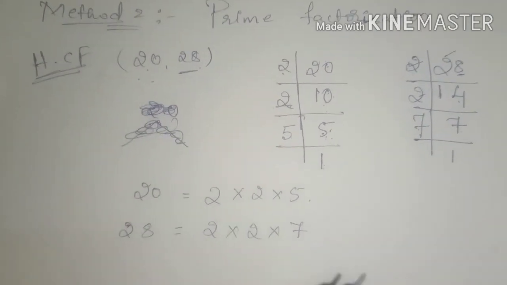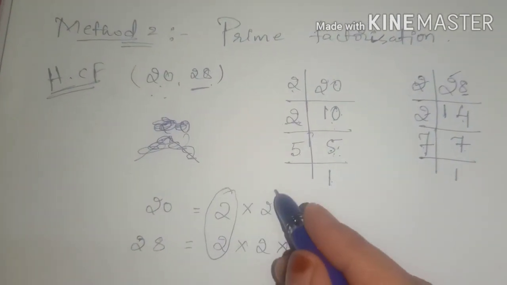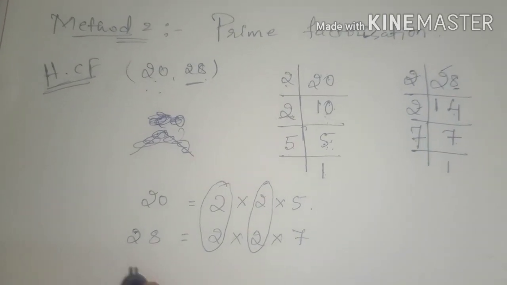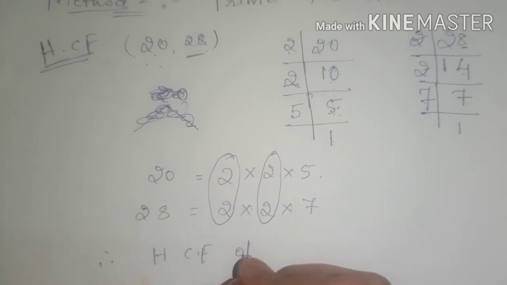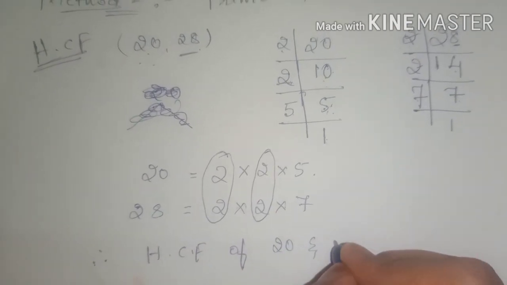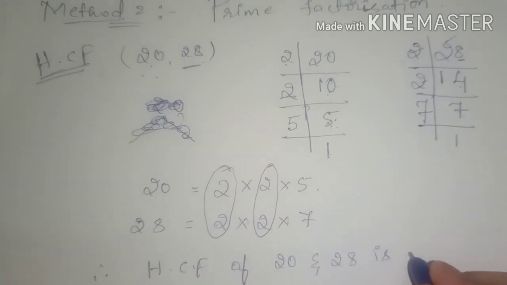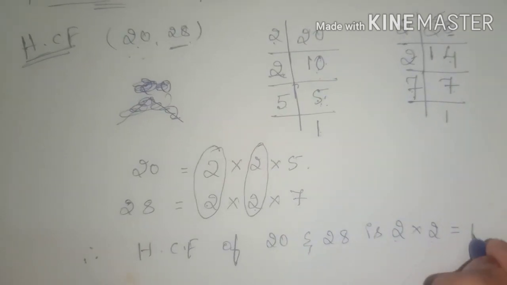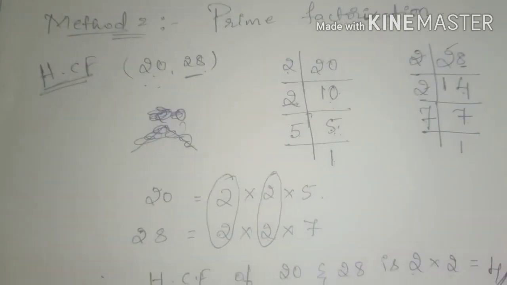Now find the common factors among these. 2 is a common factor and 2 is a common factor. Therefore, the HCF of 20 and 28 is 2 and 2, and 2 twos are 4. 4 is your HCF. Understood?